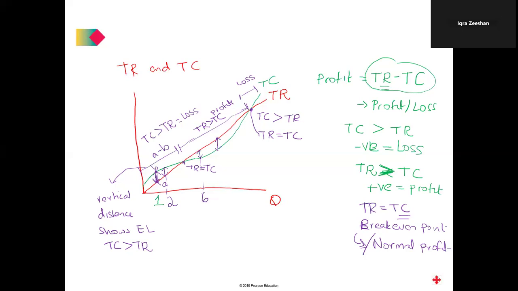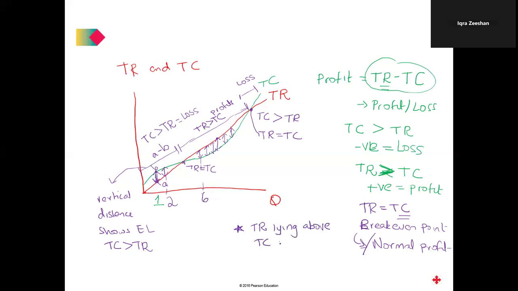And this vertical distance is telling us that there is economic profit. So all these points indicate economic profit as long as the total revenue curve is lying above the total cost curve.